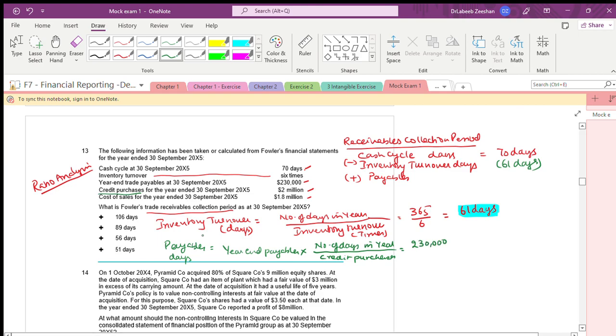We have to know how much time we are taking to pay out the payables. In 365 days, how much are credit purchases?